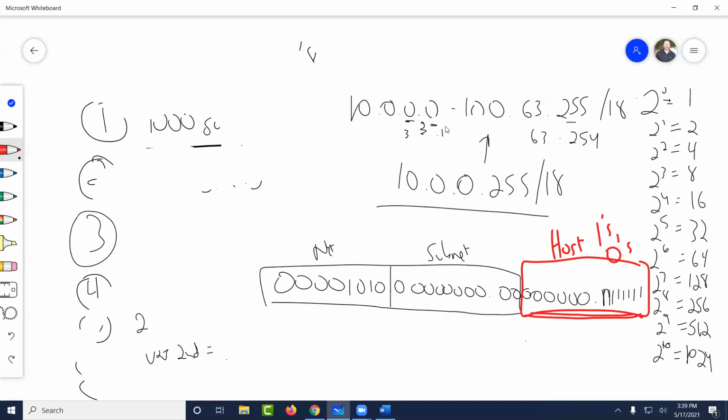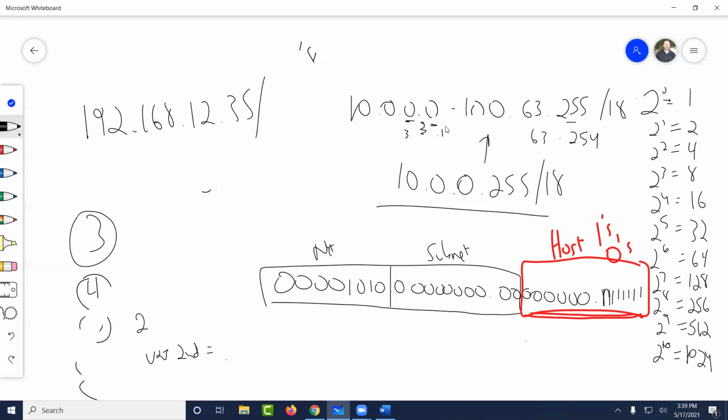If you ever get a test question, it can be something as simple as this: I'm going to give you the address 192.168.12.35/27. Is that a valid IP address to put on a host? What you would have to do is convert it to binary, check the host bits, and make sure they are neither all ones nor all zeros.